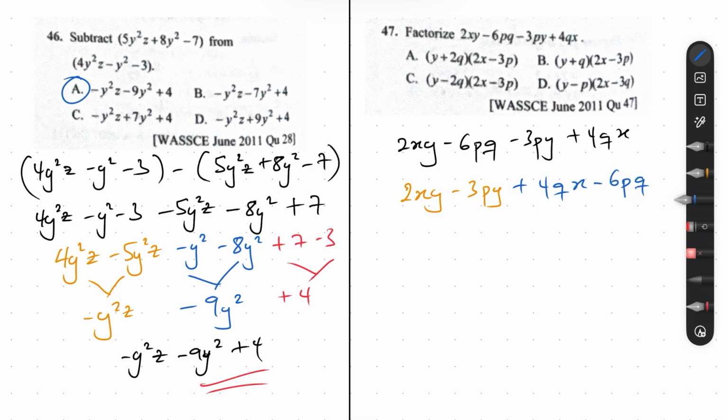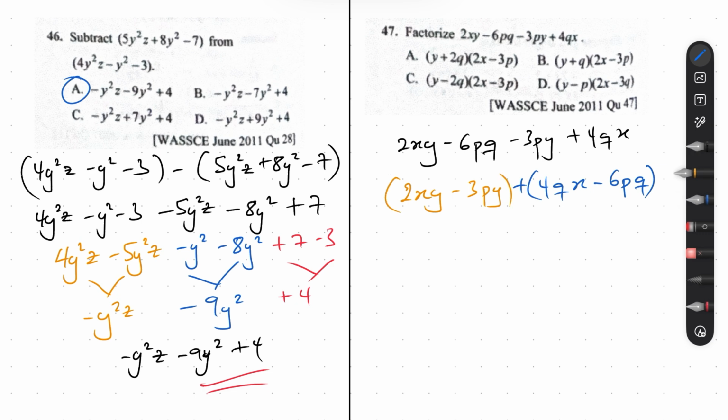Now as you can see, y is common here, so we can factor y out, and here q is common, so we can factor it out. Let's put them in brackets. Then we work with them.